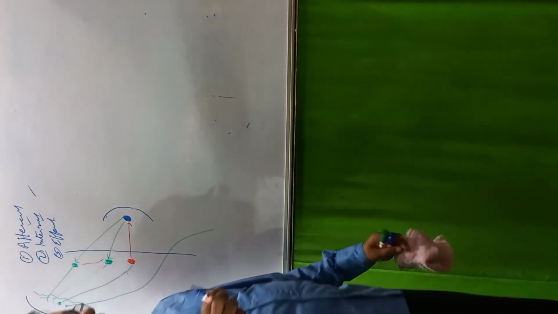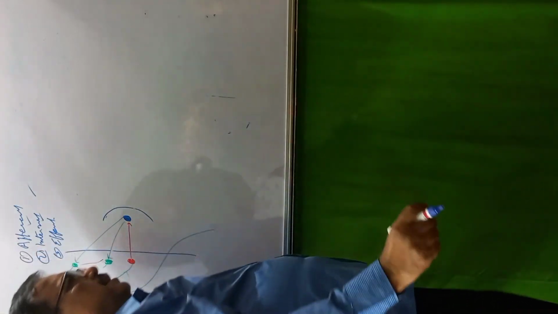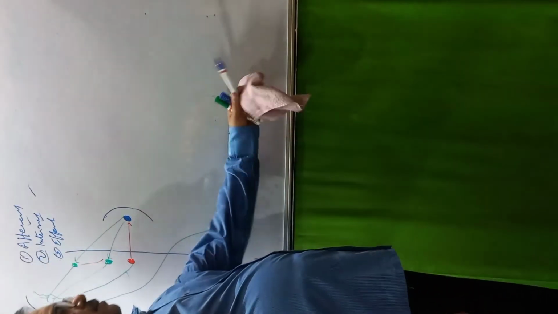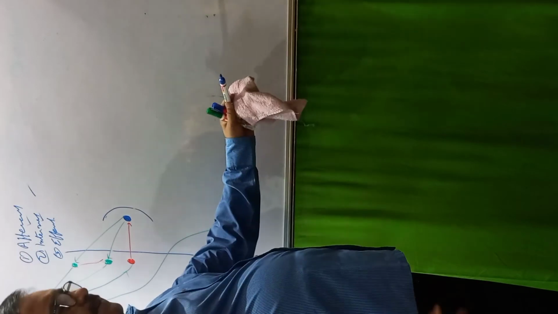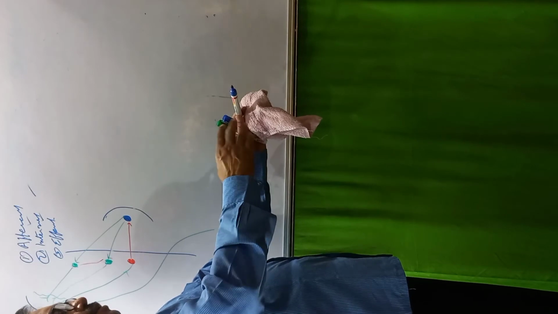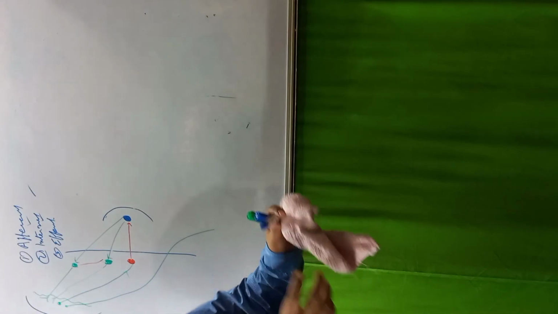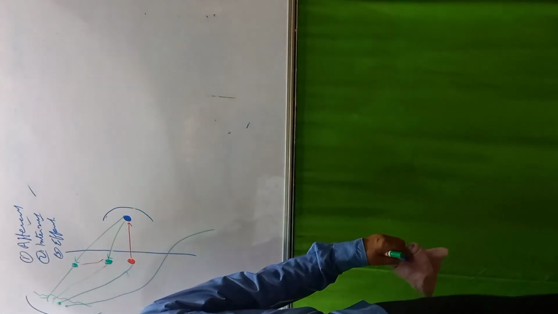There is intentional tremor when the patient is asked to, suppose, grab or catch this pen, then his movement is not proper, and the tremor becomes more when he approaches the object. This is known as intentional tremor.